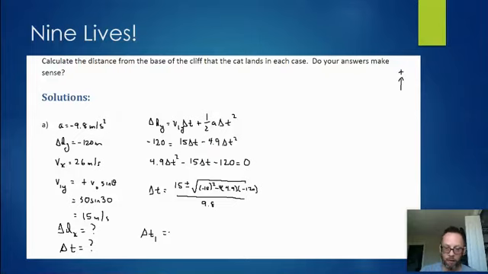We all have lots of practice with the quadratic formula; I'll assume you're somewhat proficient at it. So 15 squared plus 4 times 4.9 times 120, square root that, add 15, divided by 9.8. So I got about 6.7 seconds.